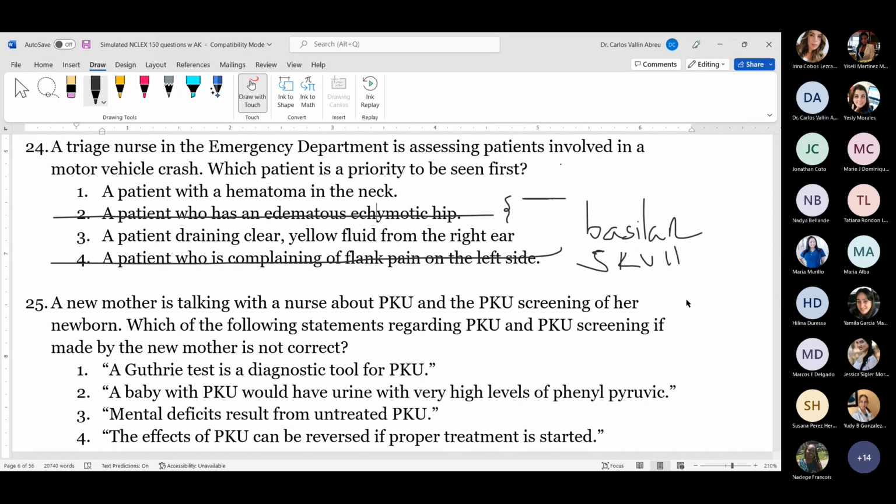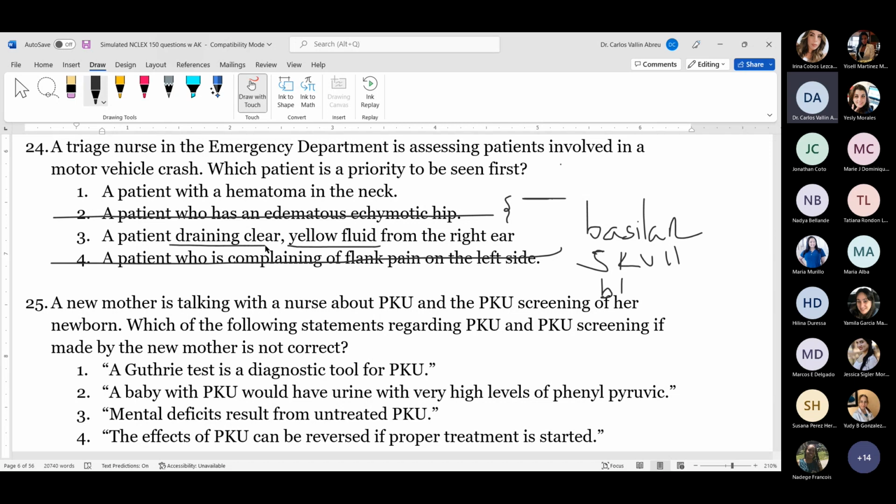Okay, yes, sir. Go ahead. For the 3, I think it's going to be bleeding. If it's a fracture of the skull, I think it's going to be bleeding. No. It could be bleeding or not. In this case, they don't say it is yellowish, so maybe it has a little blood. I don't know, but it's a fluid that should not be draining.